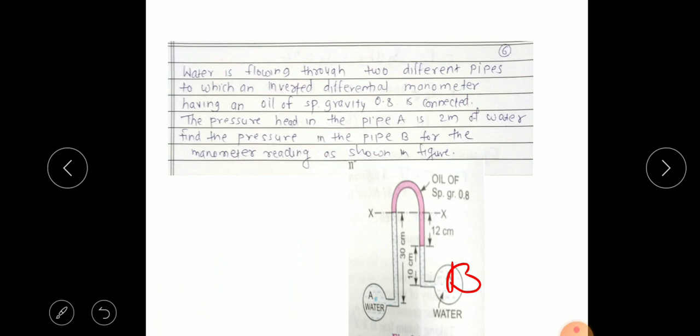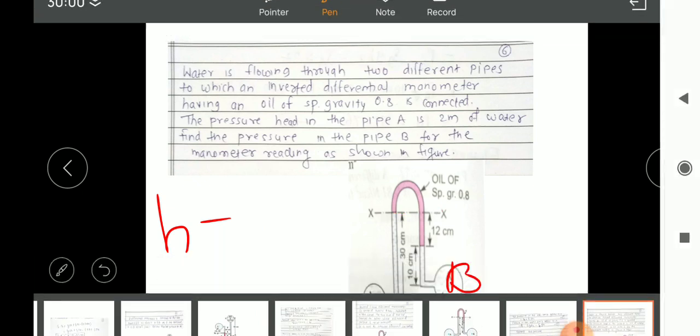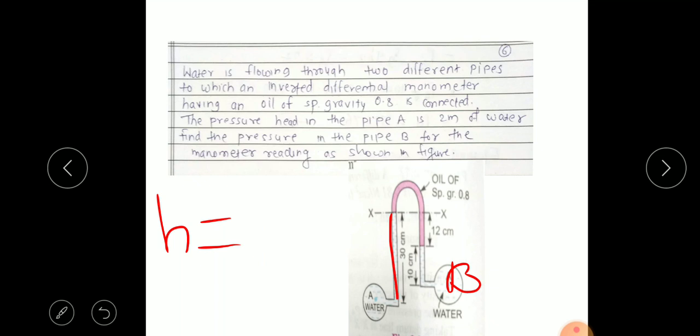So for the manometric h, we require the difference between the manometric fluid levels. We can see here the XX line is taken and the manometric fluid difference is 12 centimeter. And the h1 on the left side is 30 centimeter. Below the XX line to the center of the pipe is 30 centimeter and this distance is 10 centimeter.